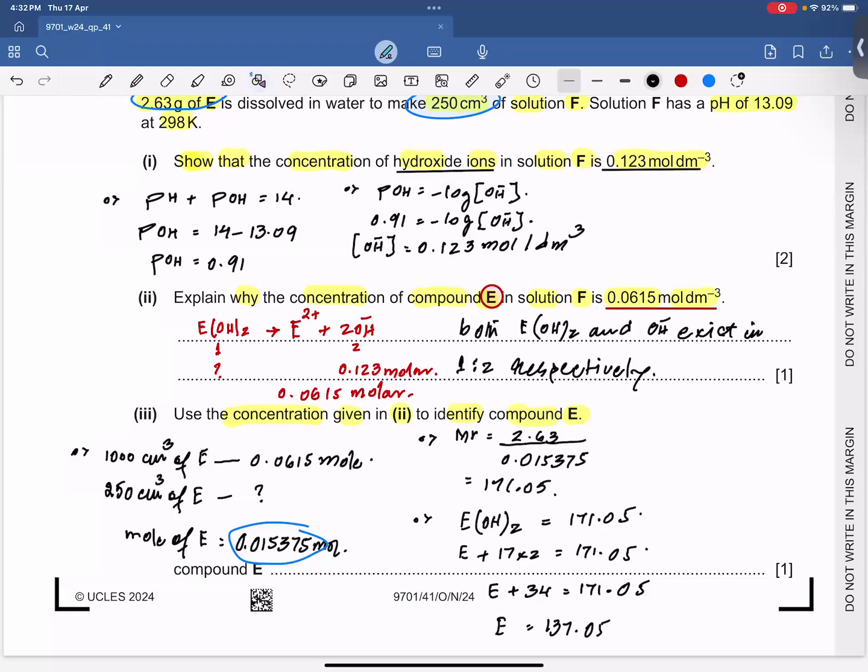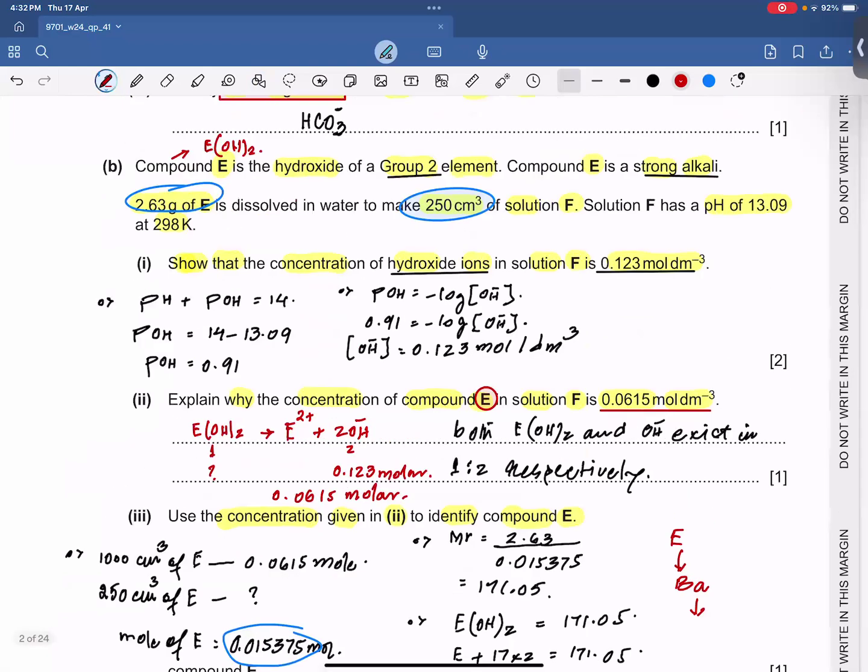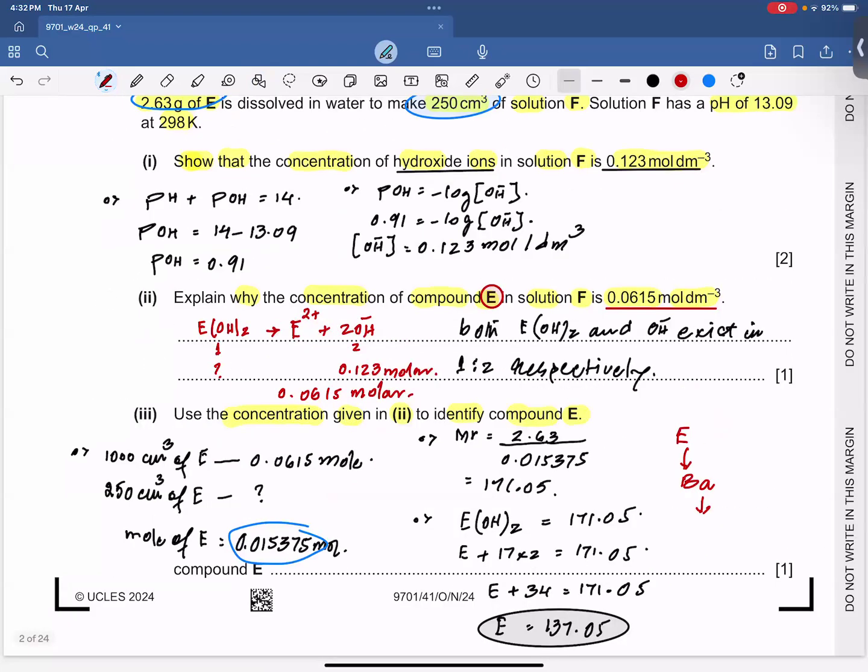Now this value suggests that E is barium, and it means that group 2 hydroxide is basically barium hydroxide, hence proved my statement.